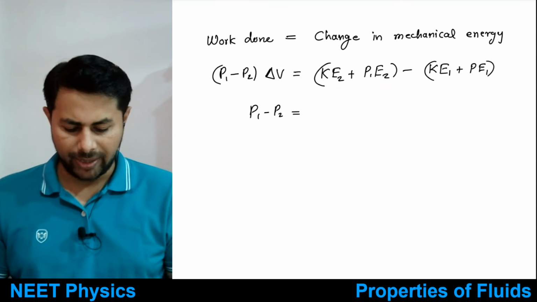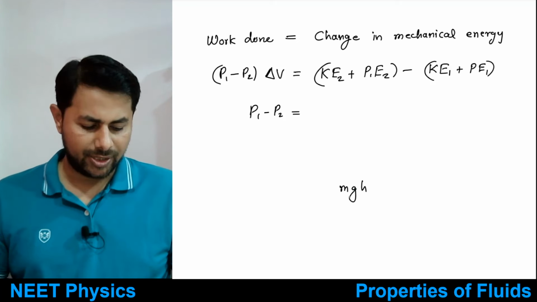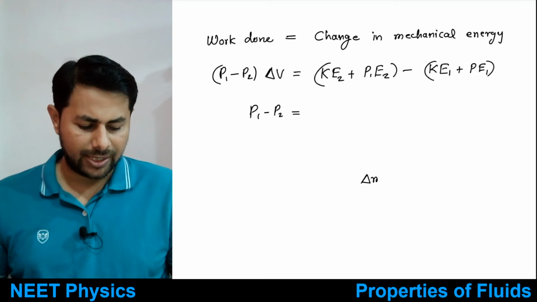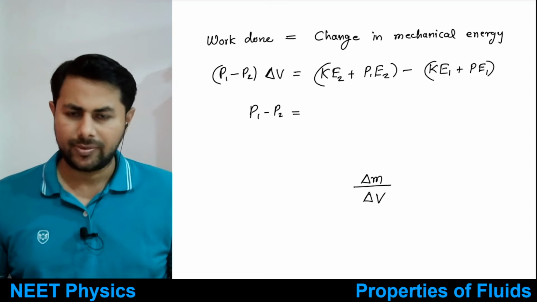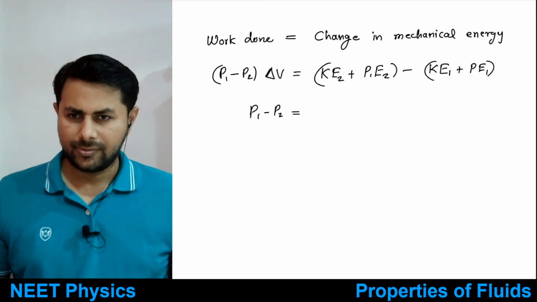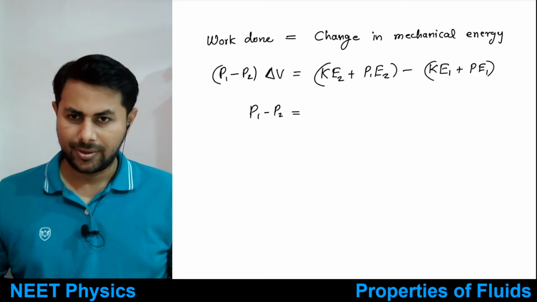In the formula of potential energy you will have mgh. If you divide that by the volume, let's have mass equal to delta m, then what do you get? You get the density, right? This thing is clear, okay?